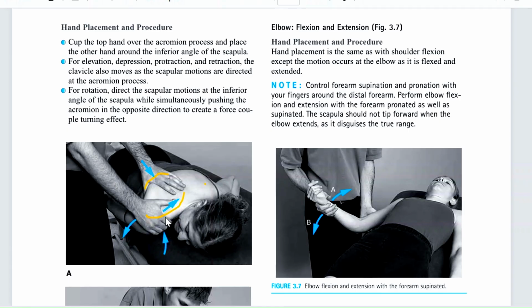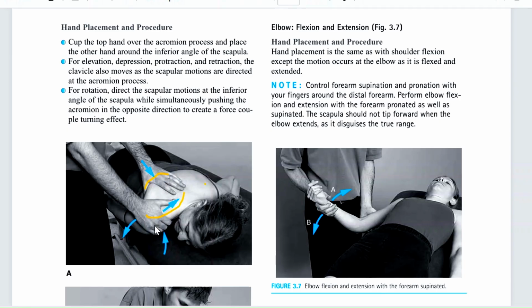This arrow shows the protraction and retraction together. And what you perform from this is the elevation of the scapula, okay? You have to understand the clavicle also moves as the scapula moves, so you have to control that motion while performing the movement from the upper hand, the hand placed on the acromion process, okay?